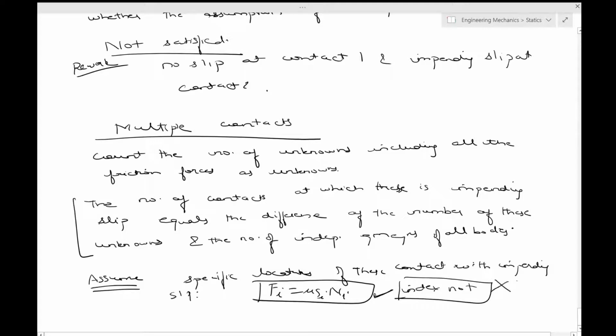I think it should be clearly told. If you have Fi on one side there has to be at least one i on the other side, but just to specify this is not index notation, so you should not repeat it. So don't write it as mu S1 N1 plus mu S2 N2 plus mu S3 N3 and so on, okay. So that's something which you should note.